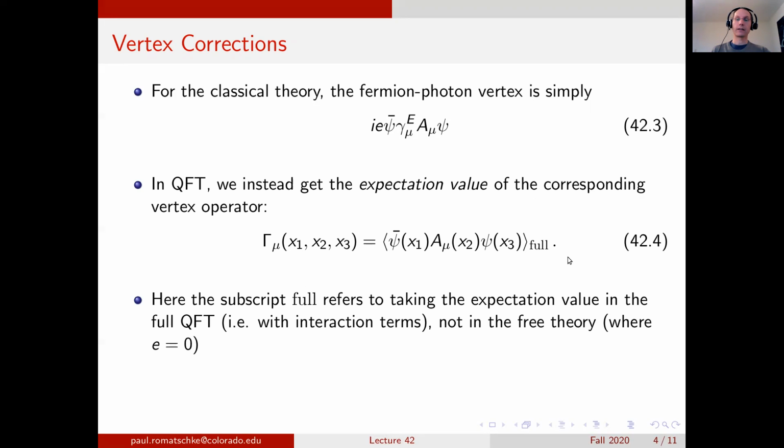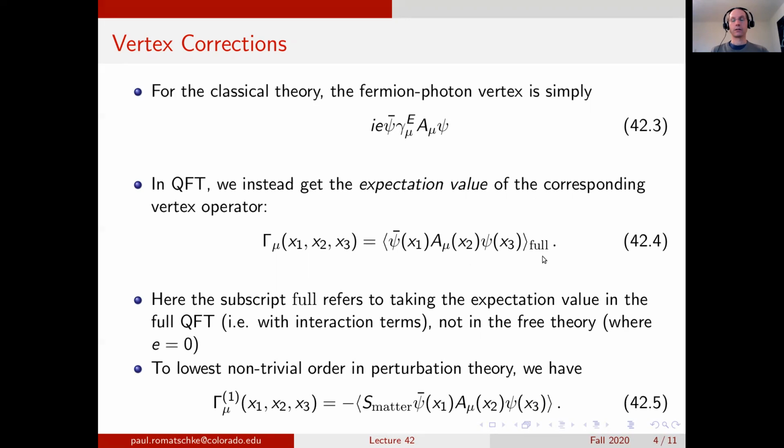Just as a reminder, the subscript full here refers to taking the expectation value of this operator in the full theory, meaning with the full quantum action, not expanded, not in the free theory. However, it is very difficult to calculate this object in the full theory directly.